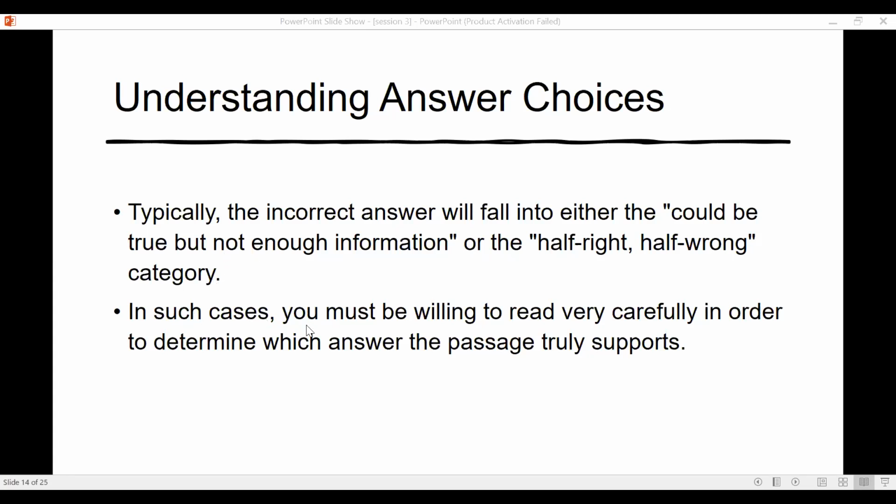In such cases, you must be willing to read very carefully in order to determine which answer the passage truly supports. And this is the point. You will break down the elements of these two answer choices, and you will compare them to the heading of the question.